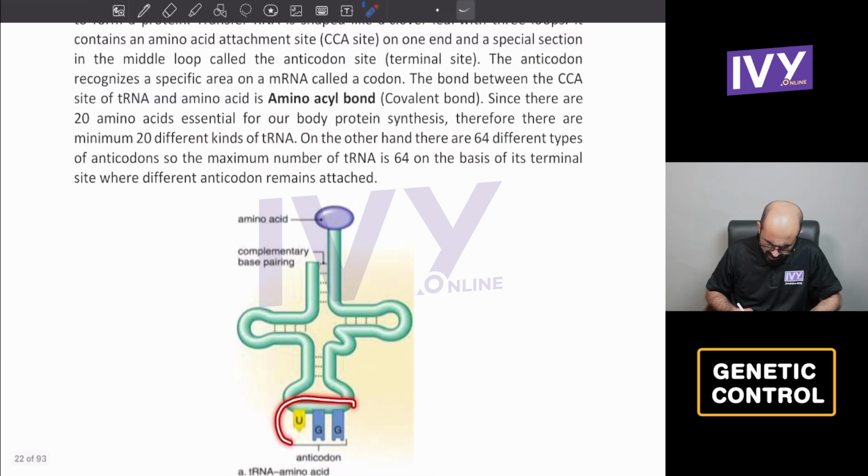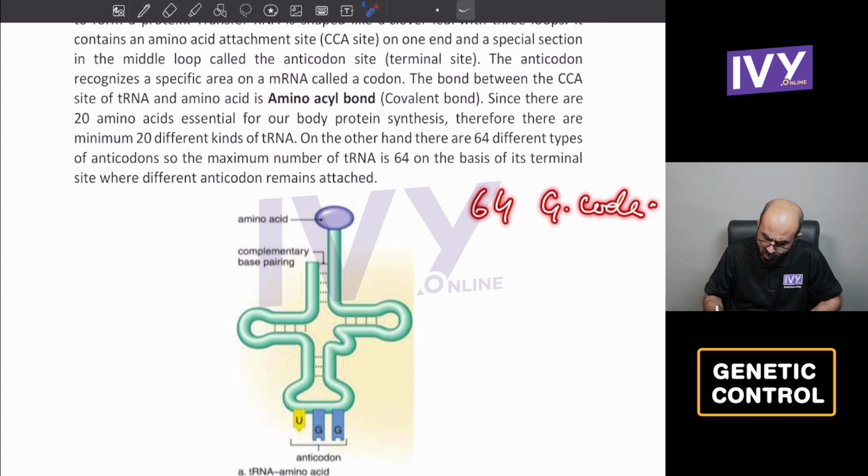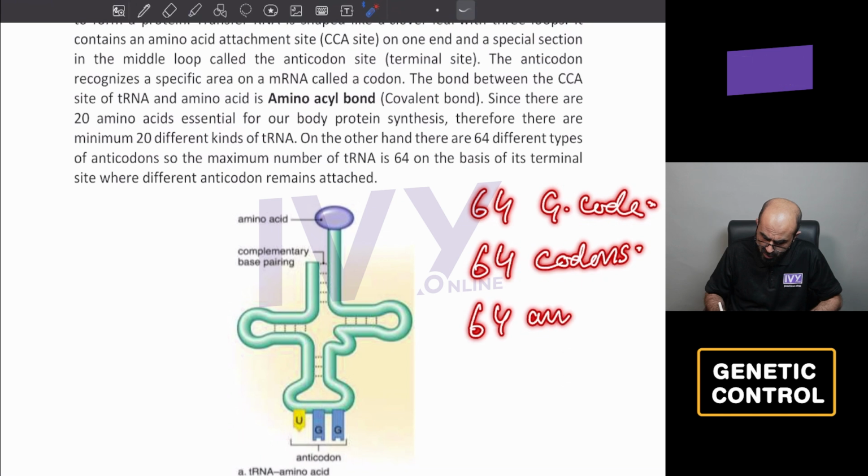However, here we have the anticodon, and anticodons are complementary to codons. And I told you that we have 64 genetic codes. So if we have 64 codons, we must have 64 anticodons as well. They are just opposite to one another.